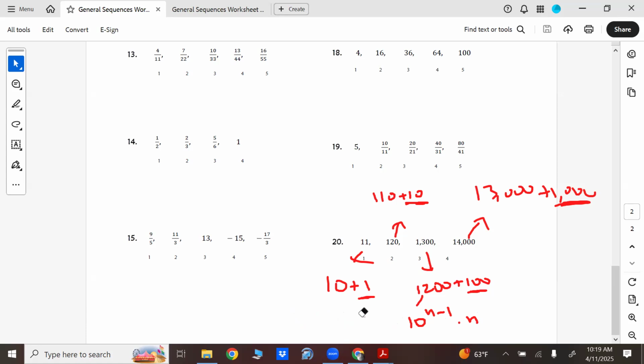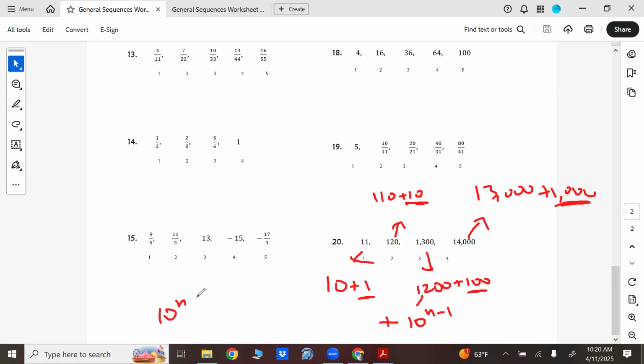Hold on, can you repeat that again? You do 10 to the n plus 10 to the n minus 1 times n. Hold on, you just lost me. Okay, you totally lost me there. You do 10 to the n, then, hold on.